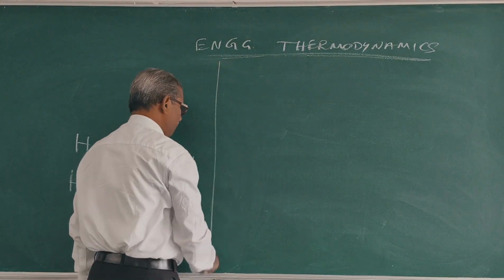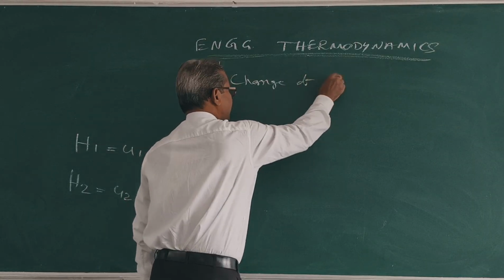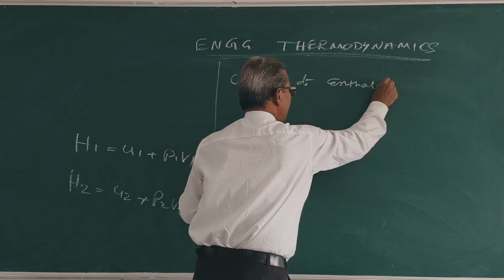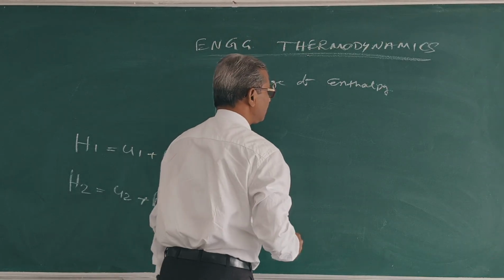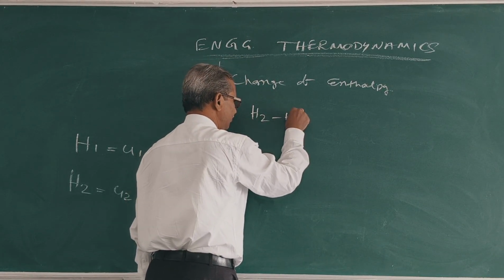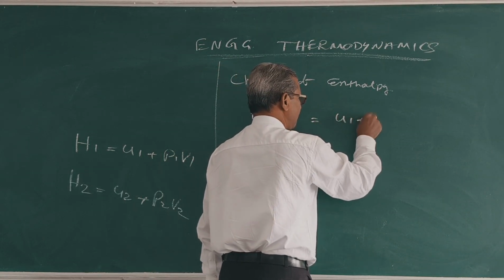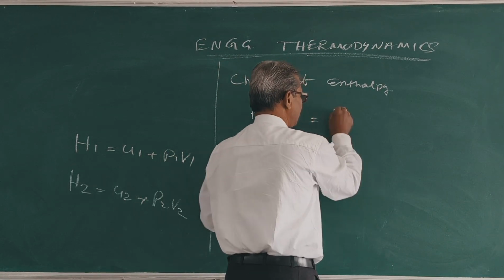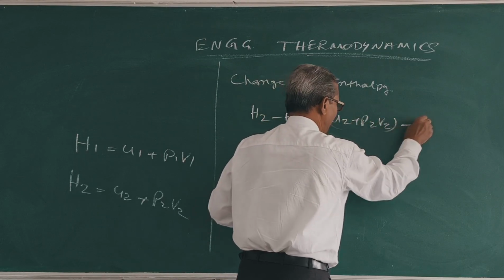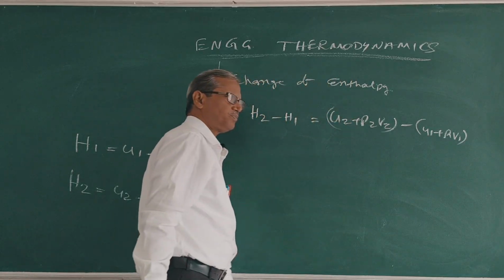Now change of enthalpy. H2 minus H1 is equal to U2 plus P2 V2 minus U1 plus P1 V1.